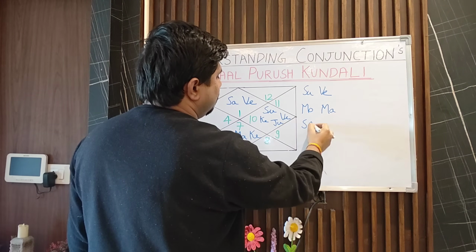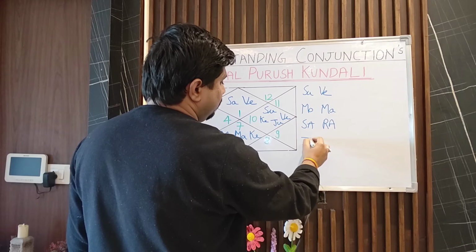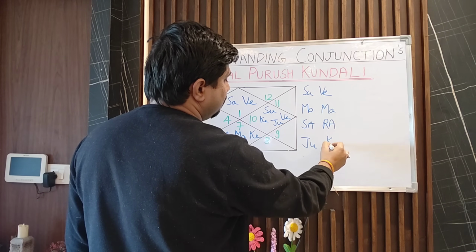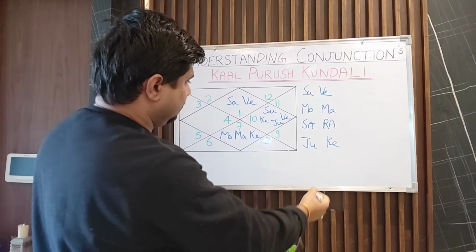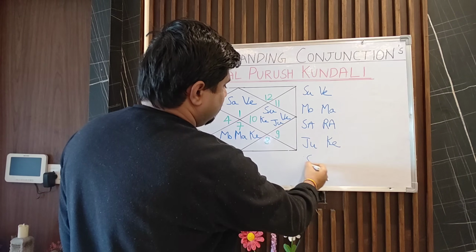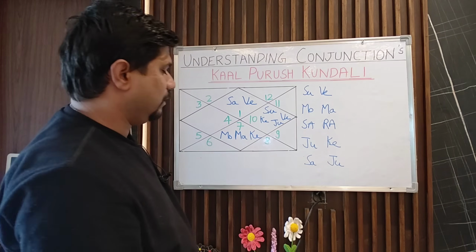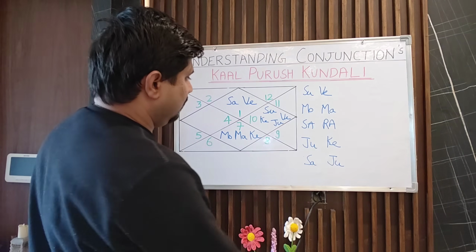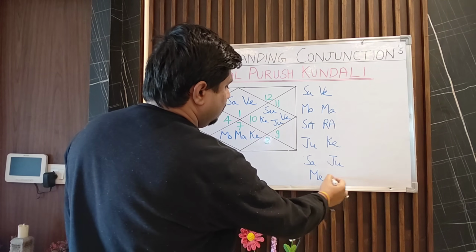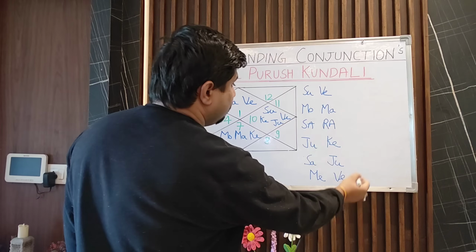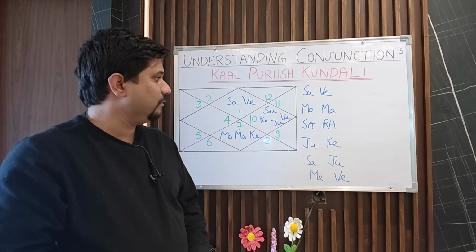Maybe you have a Saturn and Rahu conjunction in the chart, or a Jupiter and Ketu conjunction in your horoscope, or a Saturn and Jupiter conjunction in the chart, or maybe some difficult conjunctions like a Mercury and Venus conjunction in the chart. So we will try to understand how to decode these conjunctions using this Kaal Purush Kundali.